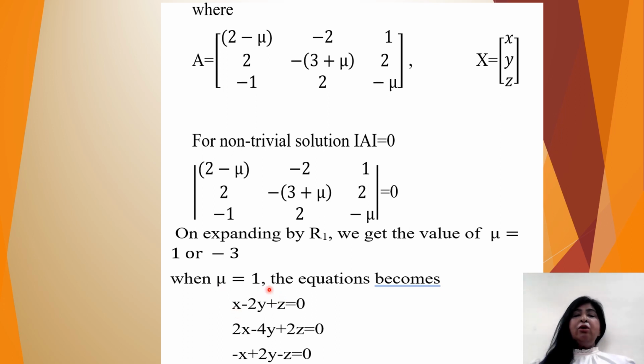Now for mu is equal to 1, in the equations we take mu is equal to 1. So we will get this system of equations: x minus 2y plus z is equal to 0, 2x minus 4y plus 2z is equal to 0, minus x plus 2y minus z is equal to 0.